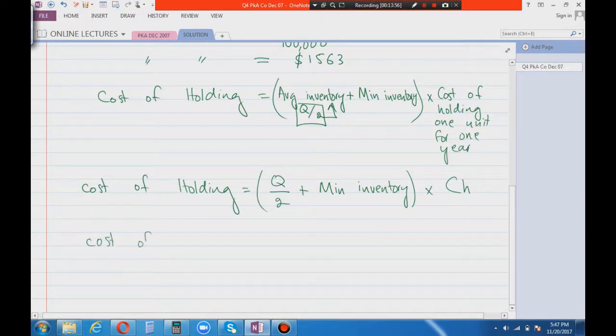So cost of holding stock would be quantity. How much is the quantity? Well, we order 100,000 in one order, so 100,000 divided by 2. Minimum inventory, we are not given and we have to find it out, and I'll say this is your working 1, multiplied by cost of holding 1 unit for 1 year, which I remember is 0.50 euro, right?